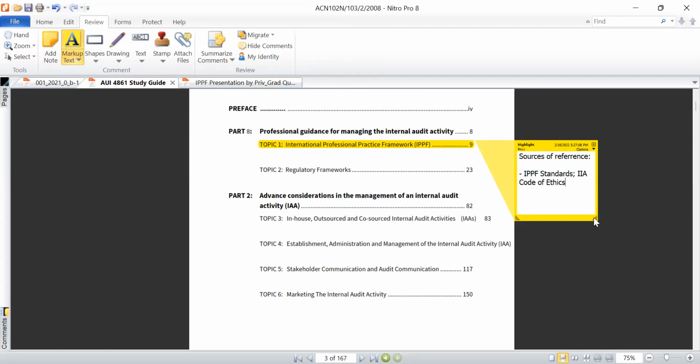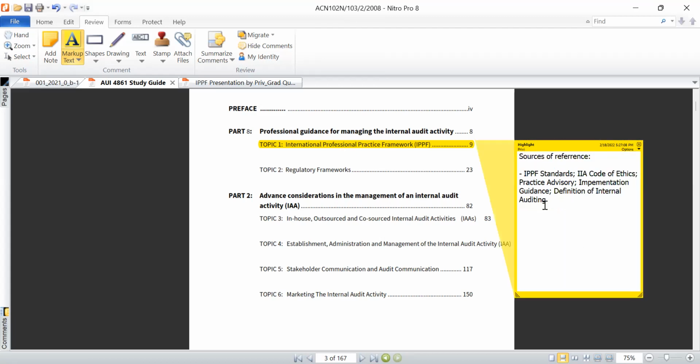You need to be familiar with that. You also need to be familiar with the practice advisory, and the implementation guidance. And also, just to add to this, the definition of internal auditing. So these are your key sources of reference to understand the IPPF framework.